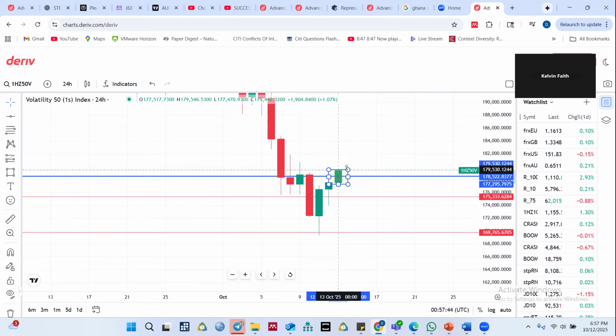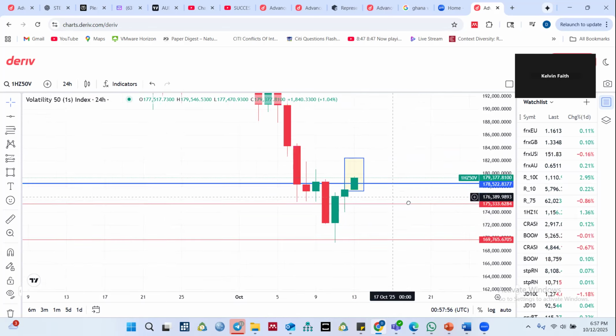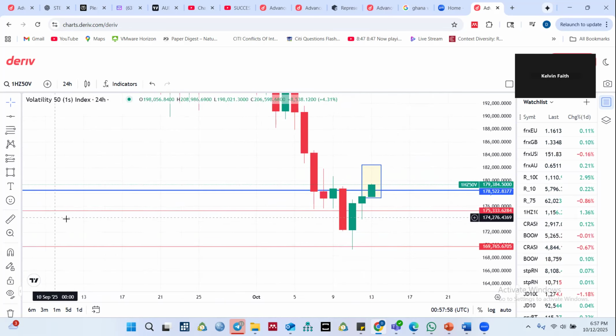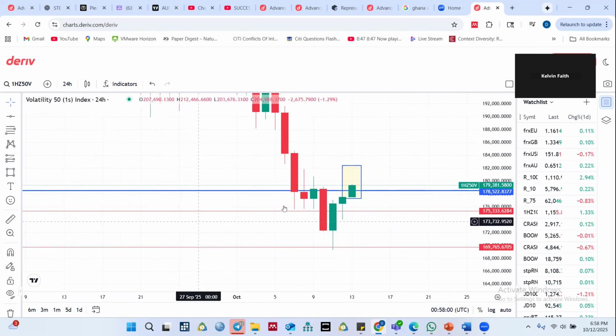The moment today's candle closes above the blue line, this is going to be good. It's going to give us an indication that we want to go bullish, because for two consecutive times on a higher time frame, this same thing has happened.